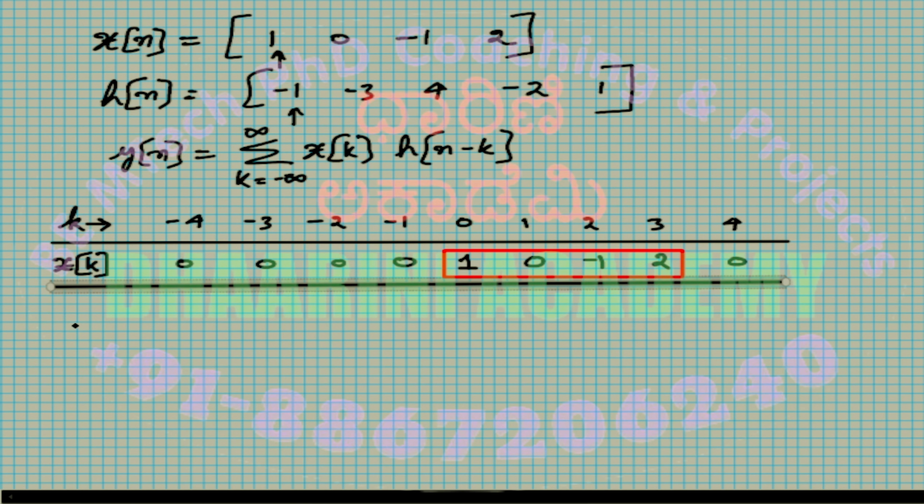I wrote x of k, then below that I'm going to write the h of k. You write the h of k as it is, starting from its position.